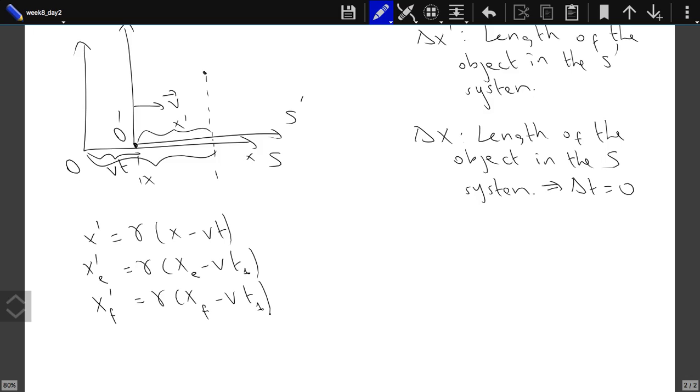Then it's no longer a length measurement, because a length measurement, by definition, has to be at the same time. You see, each length measurement has two events, and these two events have to be at the same time if I want to call it a length measurement.